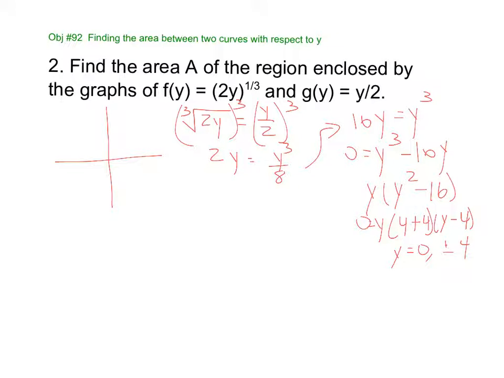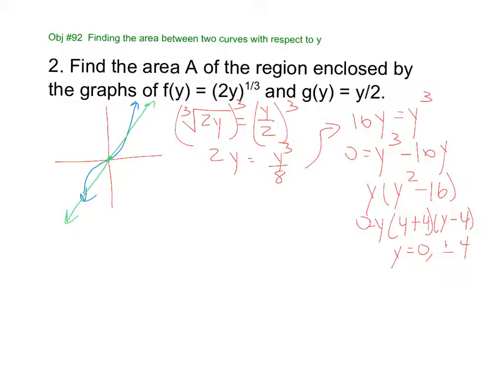The cubed root of 2y, that's an x cubed, so that one's going to look like that. And then y over 2 is 2x. So we have 2 regions here, which is kind of frustrating because then it's just more work.